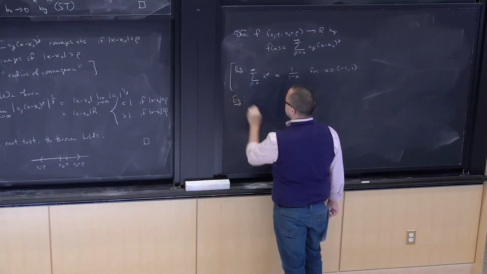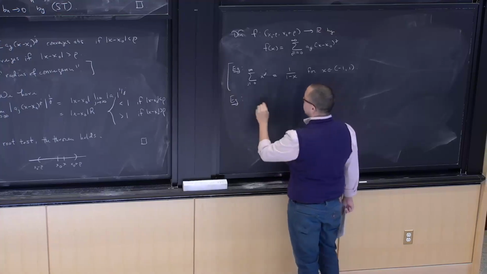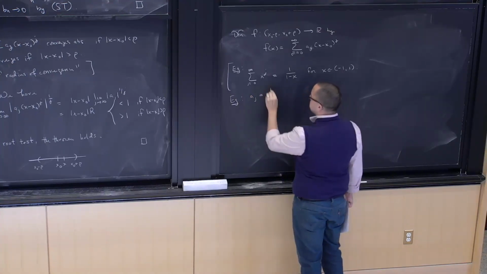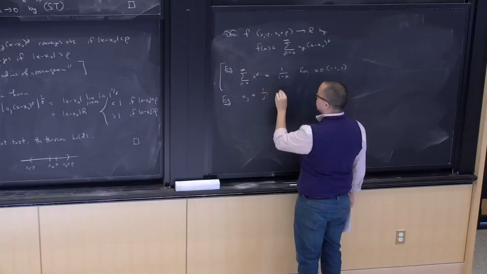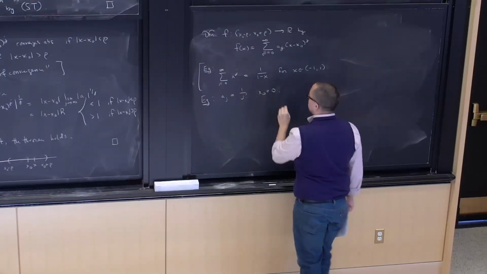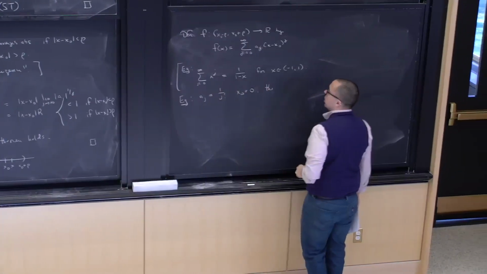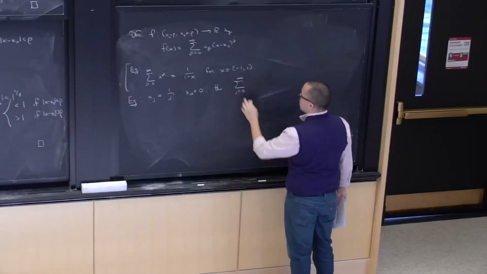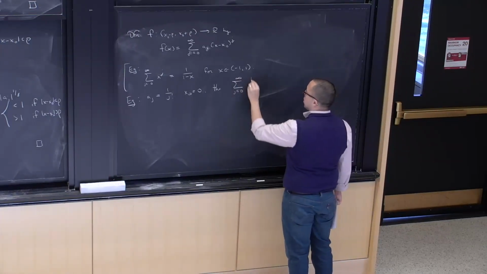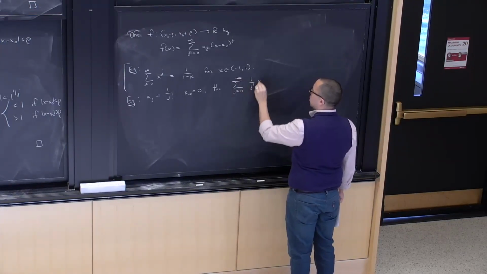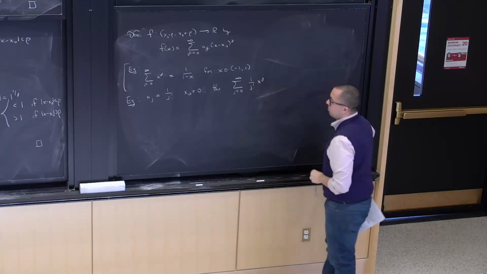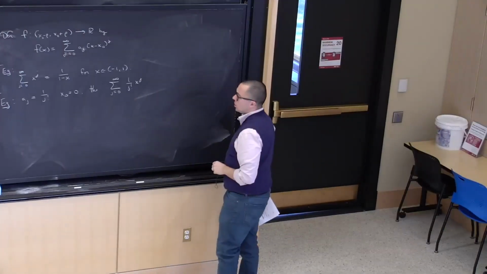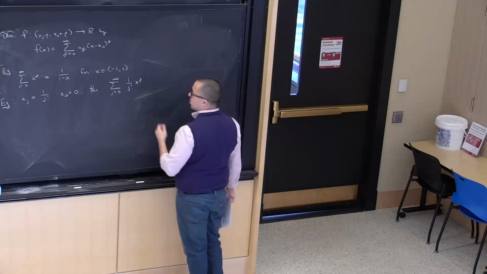Okay? So, in this simple setting, 1 over 1 minus x is equal to the sum of x to the j. Another example is that if I take a sub j equals 1 over j factorial, x naught equals 0, then you've done this in an exercise: this series converges absolutely for all x, meaning rho equals infinity.